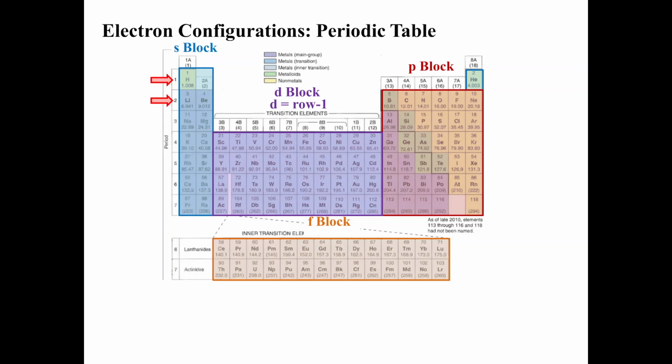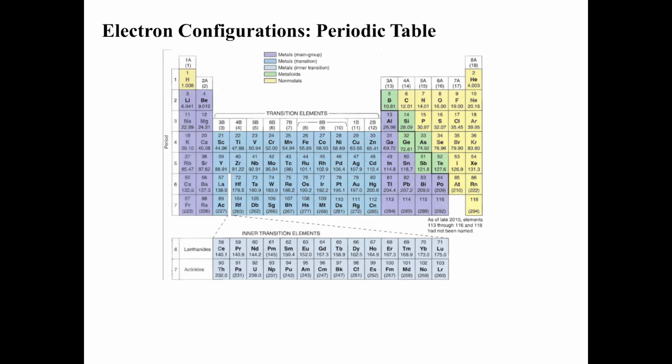The first row that the d block starts on is row 4, so we do 4 minus 1. That gives us 3, so our first one is going to be a 3d orbital for that series. And then for f, it's going to be the row minus 2. The f block starts on row 6, so it would be 6 minus 2, which is 4. So 4f would be our first f block orbital.